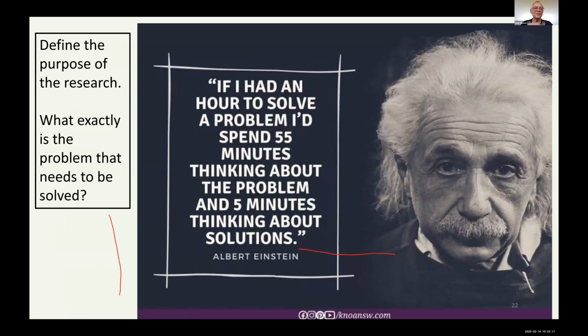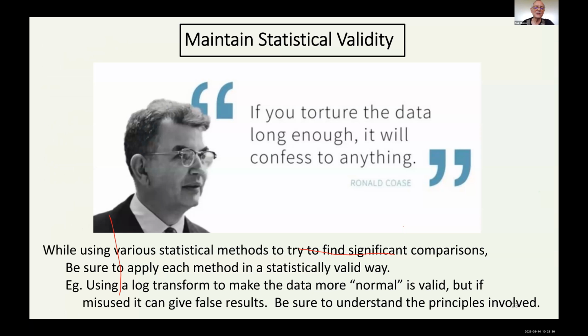Well, kind of shifting thought, Einstein was very keen on defining the purpose of the research. What exactly is the problem that needs to be solved? Defining that very well. But as we use various statistical methods, we need to be sure we're not torturing the data.